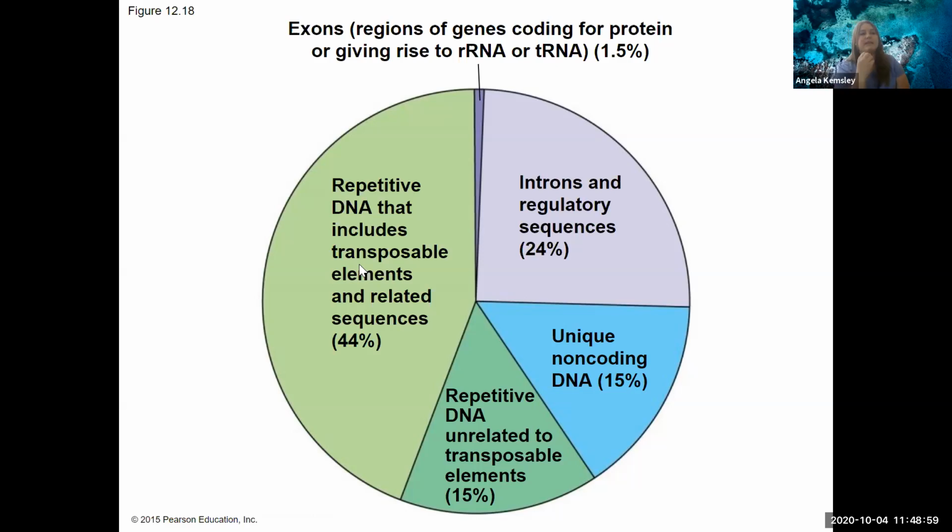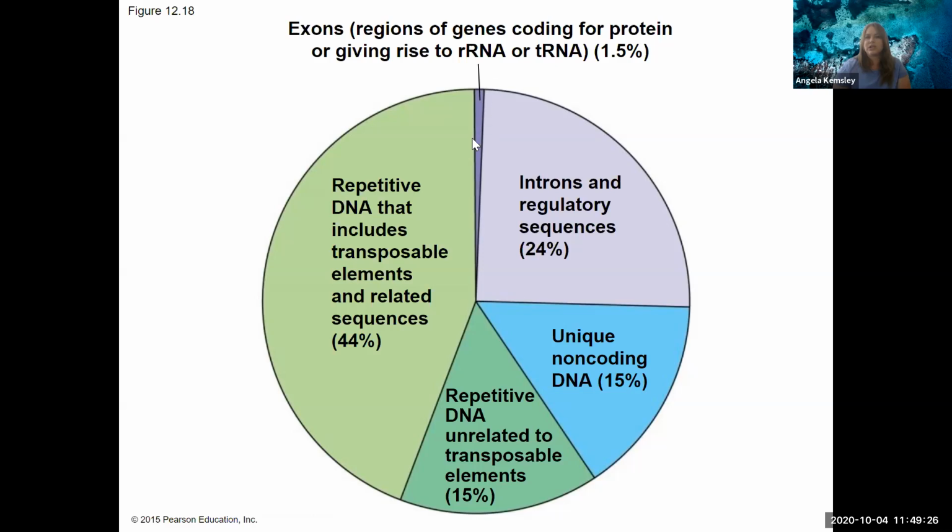One of the biggest advantages to having non-coding DNA is that if there's a mutation in a non-coding part of DNA, it usually doesn't matter. By having only 1.5% of our DNA actually code for proteins, for genes, that's a very small percentage of DNA that really matters if it's mutated.